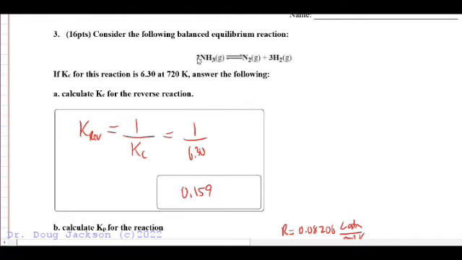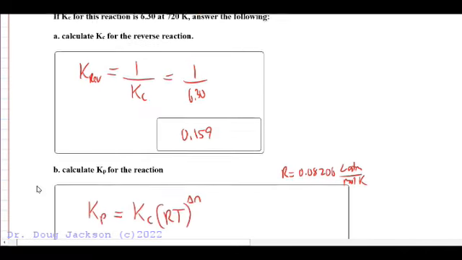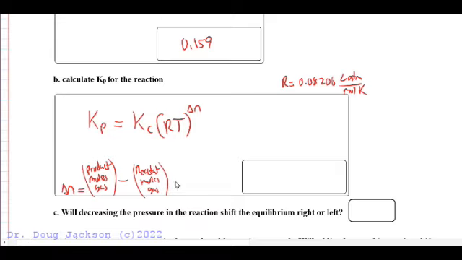Now it's in equilibrium, so all three of these are present, but pressure is going to affect the equilibrium, and so we end up looking here, this is 4, 3 plus 1, coefficients of the balanced equation is 4 versus 2 moles on the reactant side. So overall, that delta N is going to be 4 minus 2 is equal to 2.